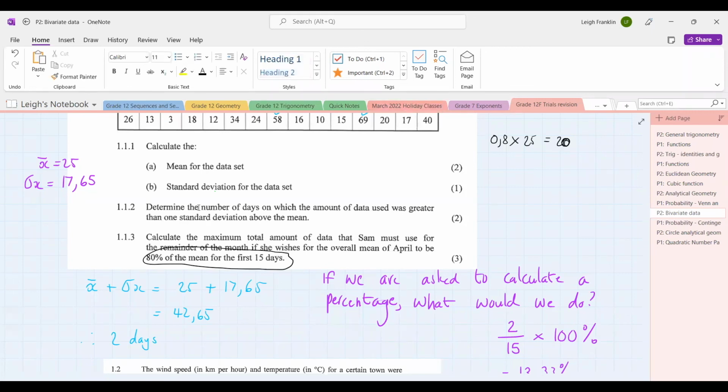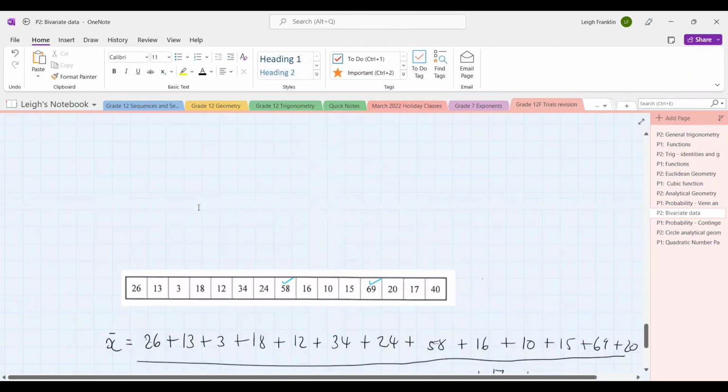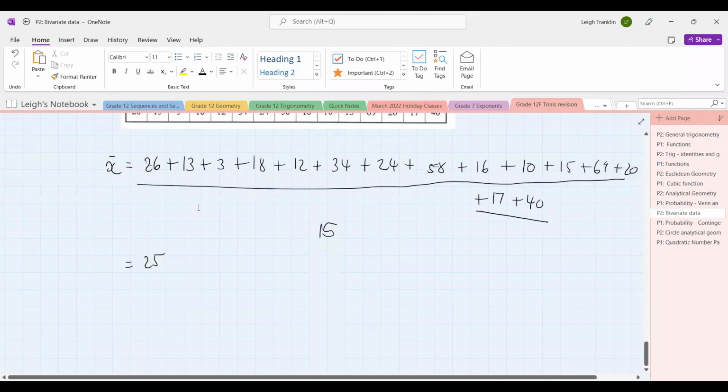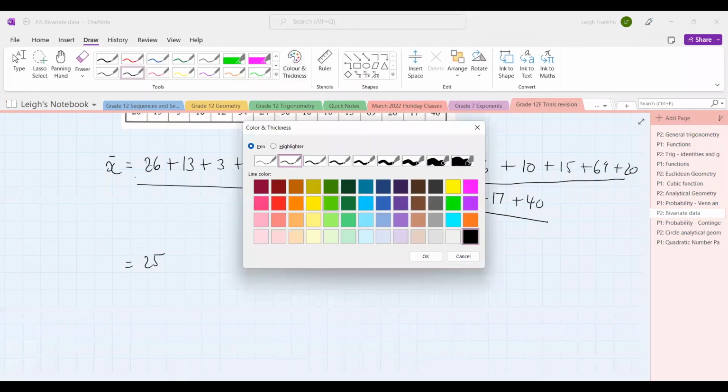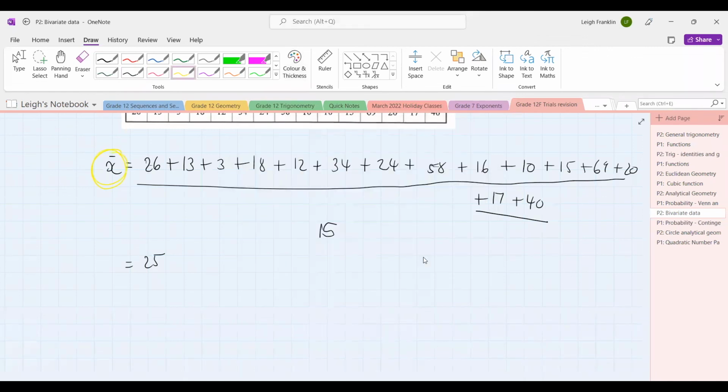All right, so let's go back down and have a look at what we're doing over here. So she wants this value over here to be 20. All right. So what I'm going to do is make X bar equal to 20. Now I've got these first 15 days.